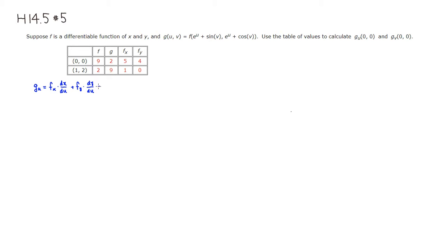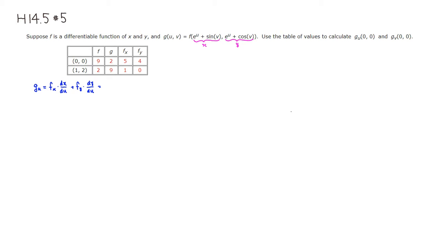We know that f is a function of x and y, so this is going to be our x, and this is going to be our y here.